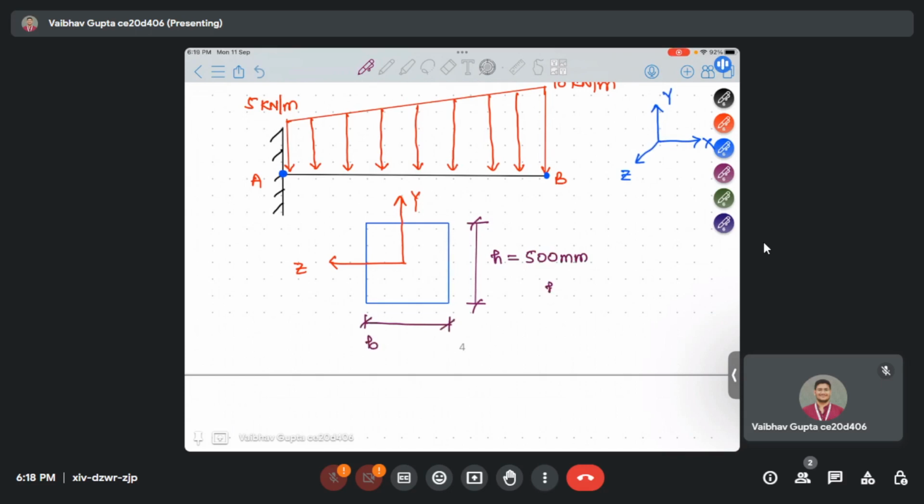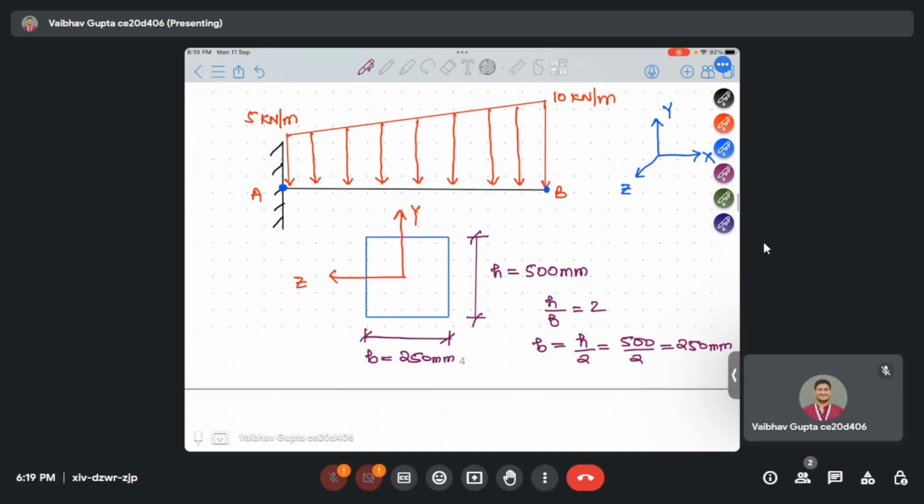H by b is given to us as 2. So b will be equal to h by 2, which is 500 by 2, which is 250 mm. So the width of the rectangular cross section will be 250 mm. This is the cross section given.